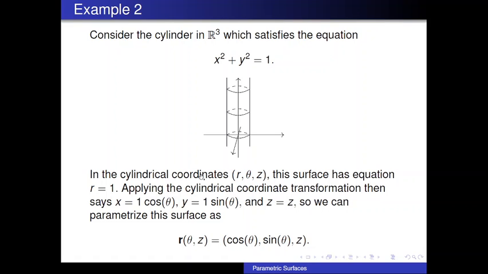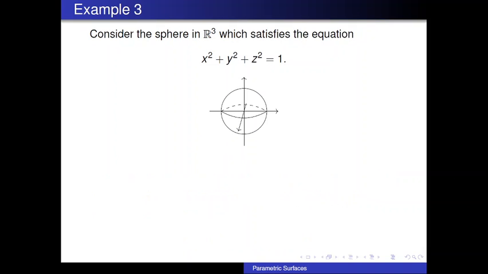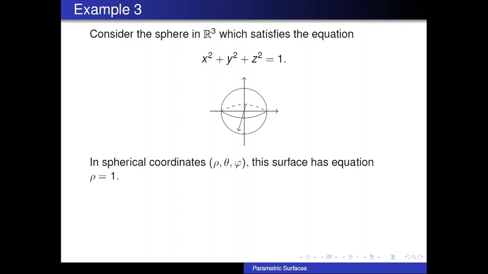I want to do one more example like this with, obviously, my favorite surface, the sphere. Let's consider the sphere that satisfies the equation x squared plus y squared plus z squared equals 1. This is a sphere of radius 1, centered at the origin. And I think, as we've seen in this course, the best coordinate system to describe this sphere is spherical coordinates. In spherical coordinates, this sphere has a very nice equation, namely rho equals 1.